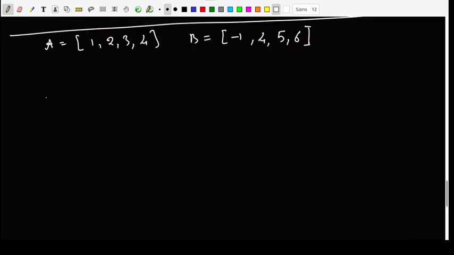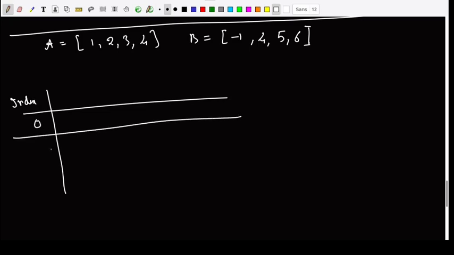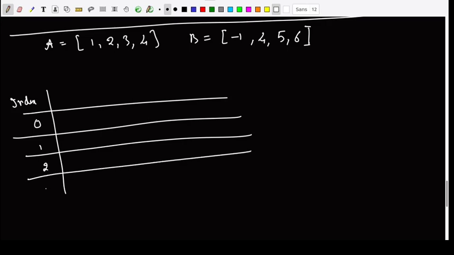Okay, so let us write it down. This is the index here: 0 index, first index, second index, and third index.